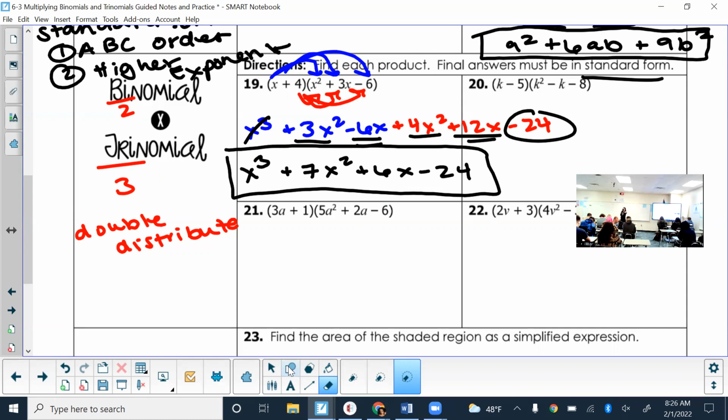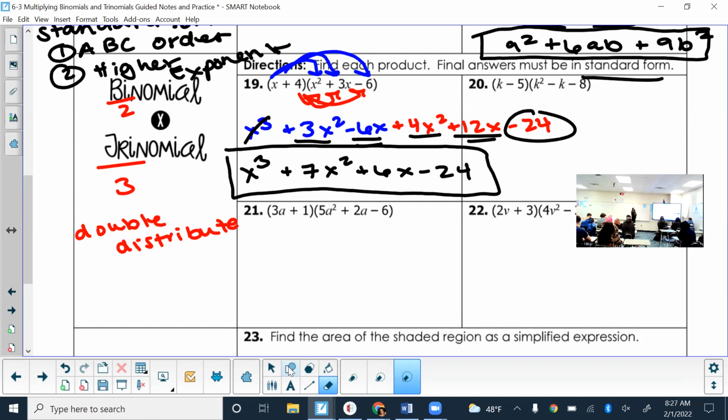And then what's a trinomial? A three-term expression. And yesterday we went over two methods for solving. We went over foiling and double distributing. Well, when it's a binomial times a trinomial, what's the only method you can use? Double distributing. You can't foil on this section.